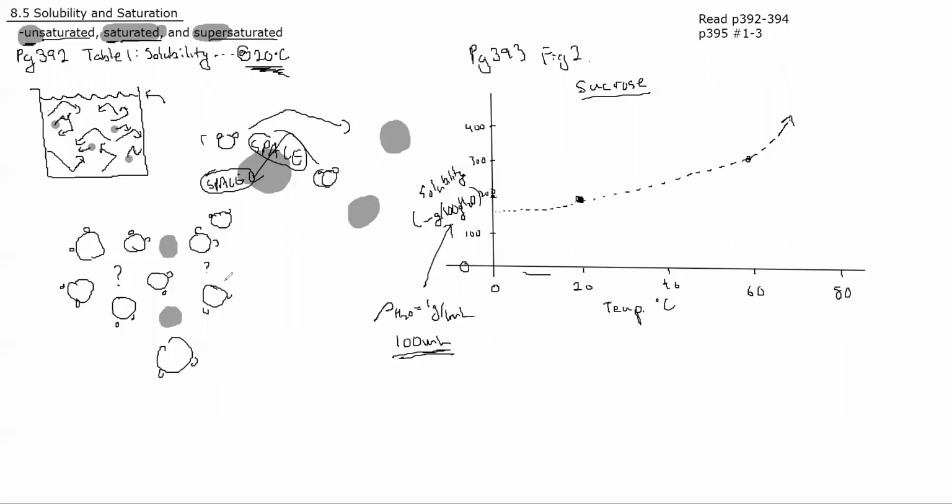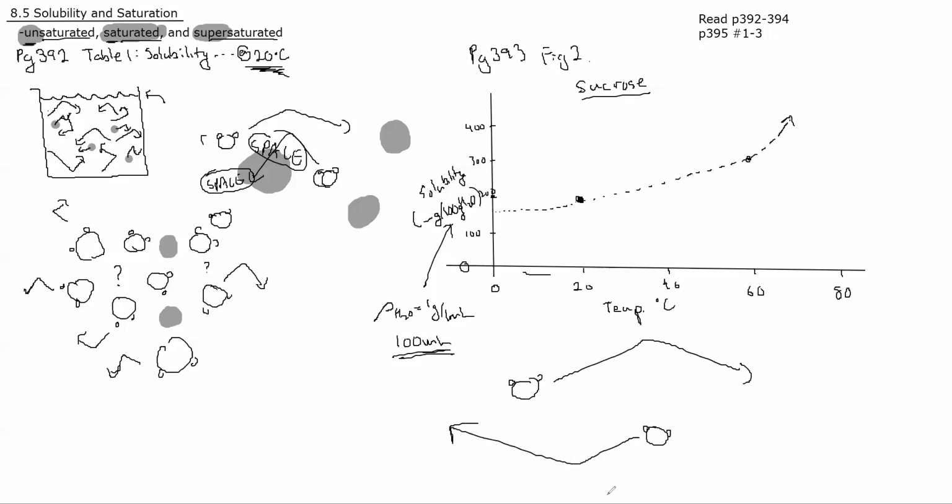We can argue that if these water molecules are moving faster and more vigorously, then the space between the water molecules may increase. So before, the water molecules were sort of like that, and they were spinning and moving, and there was this much space. Okay?